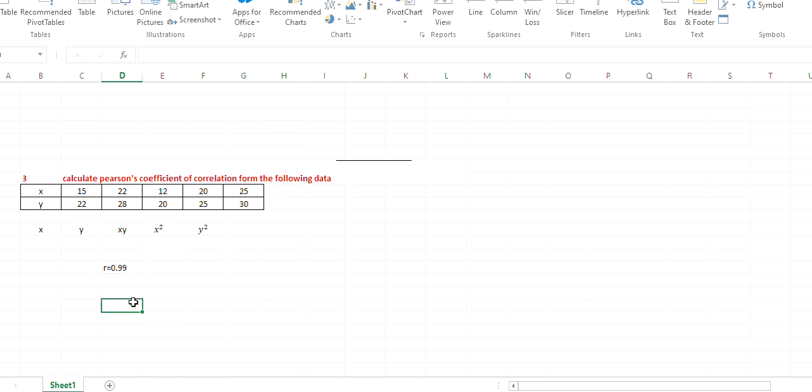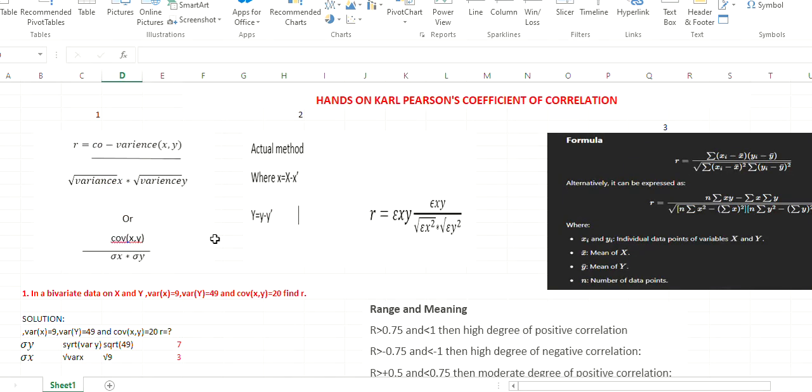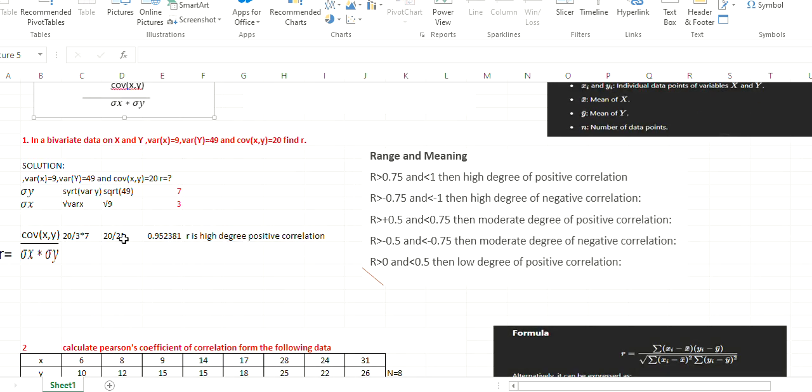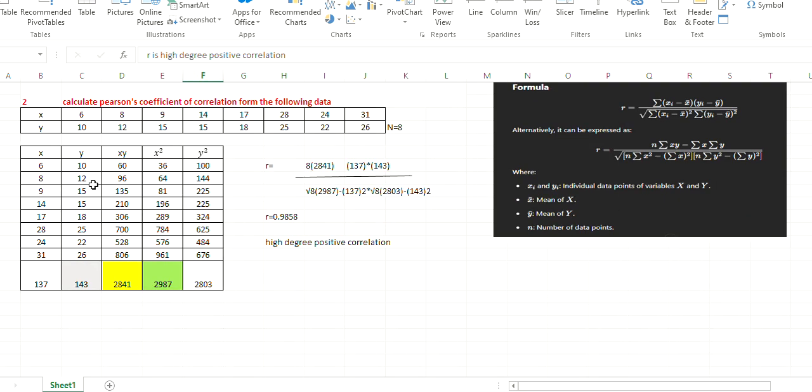So in this way, you can solve the Karl-Pearson method. Two formulas are applied. When to apply this? When the variance is given, you apply this and find out the value of r and write the relation. When the data set is given like this, then calculate the summation of all those things and then you can do it.